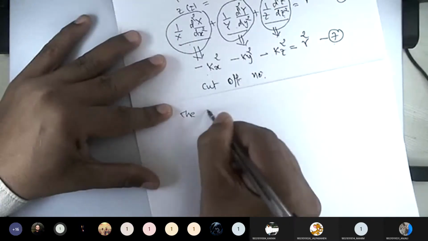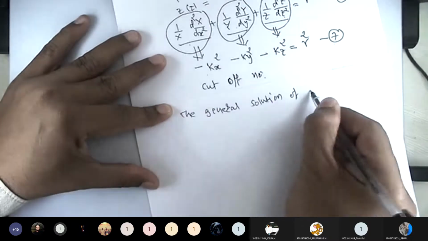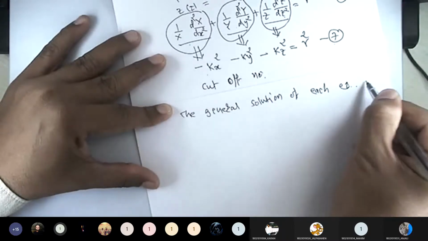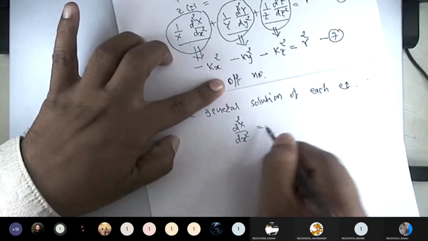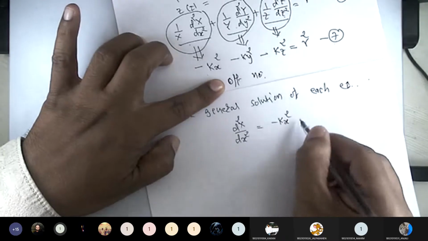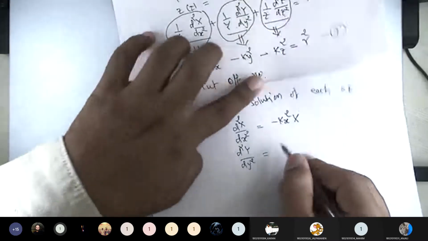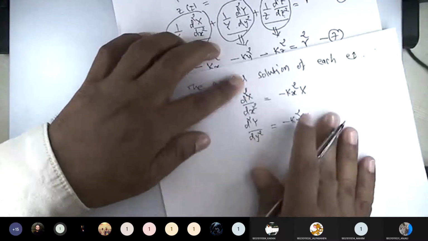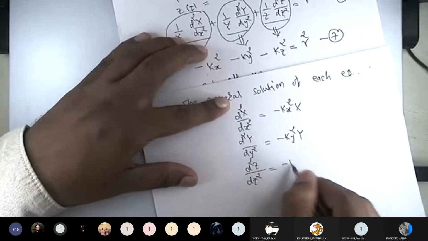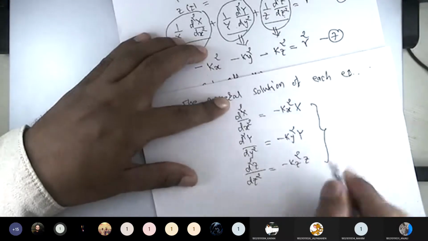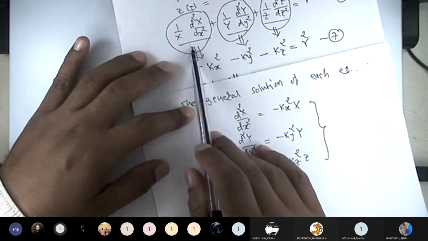The general solution of each equation is d square X by dx square equal to minus kx square into capital X. Same way d square Y by dy square equal to minus ky square into Y, and d square Z by dz square equal to minus kz square into Z. So these are the equivalent equations of the individual differential equations.